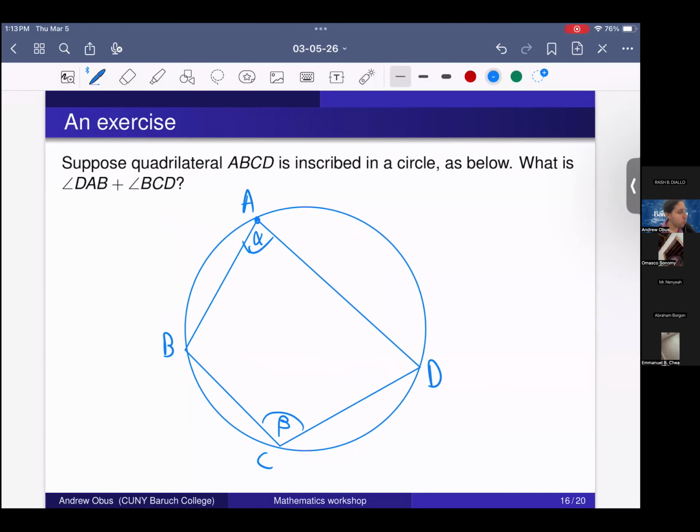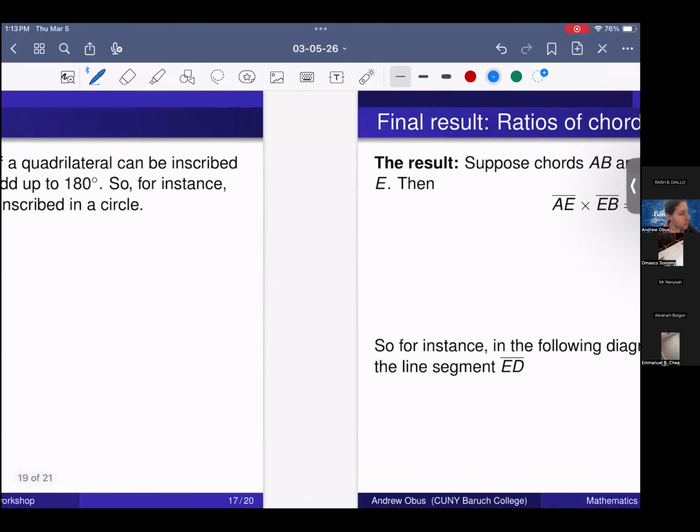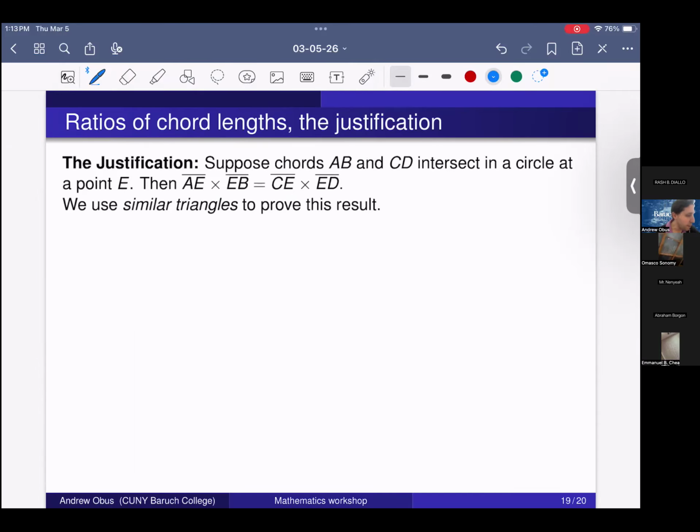And the question is, calculate alpha plus beta. I'm not going to tell you anything more, but I claim that you can give an actual answer here. So calculate alpha plus beta. Let's skip the rest, and there's a little bit about ratios, of course.